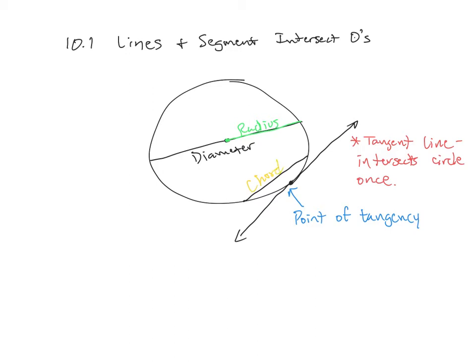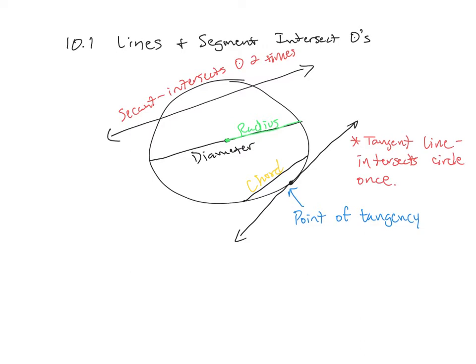Okay, and then we have what's called a secant. Okay, and so the secant intersects the circle 2 times, but it's a line.